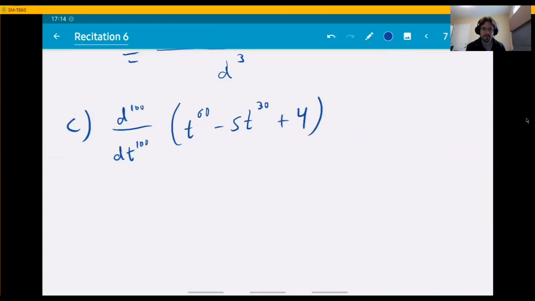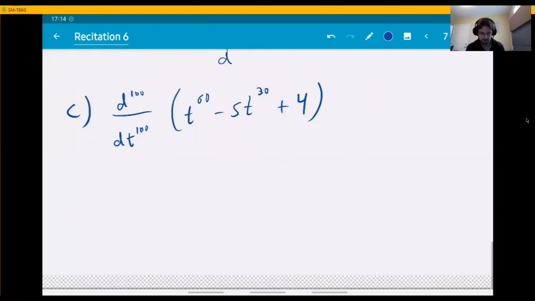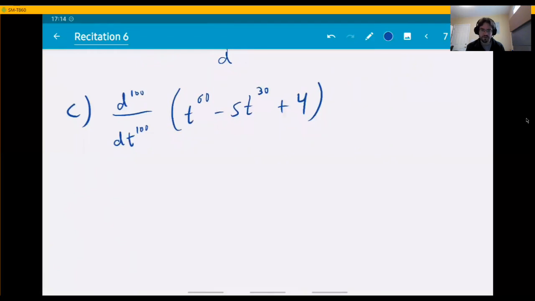This item is asking for the 100th derivative of this polynomial of degree 60. How do we do this? Do we want to take 100 derivatives of this expression? Certainly not. We just have to try to understand what is going to happen.